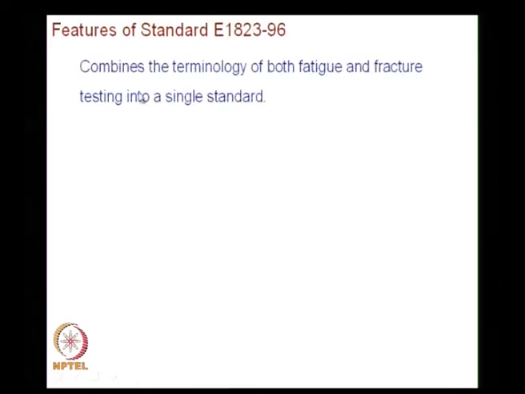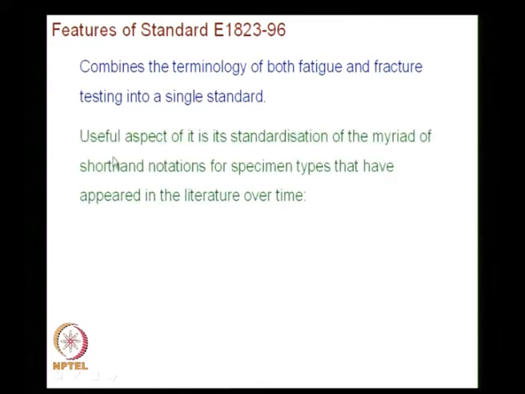And we will also see features of standard E1923-96. This combines the terminology of both fatigue and fracture testing into a single standard. Useful aspect of it is its standardization of the myriad of shorthand notations for specimen types that have appeared in the literature over time.